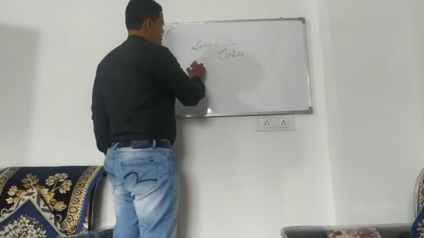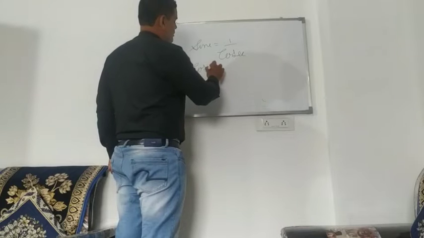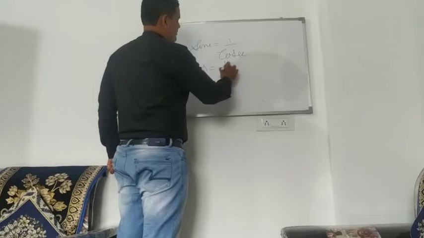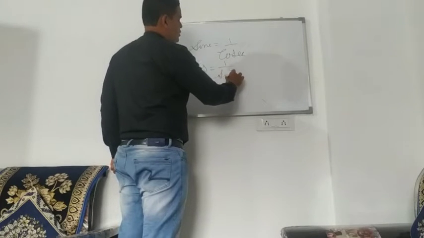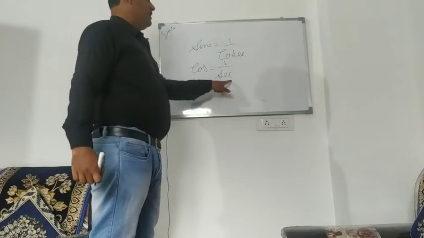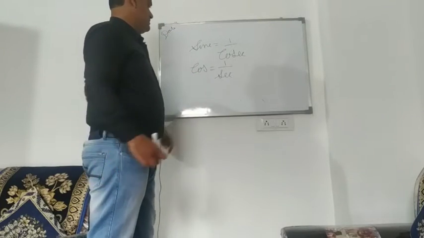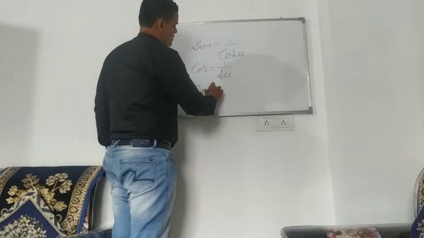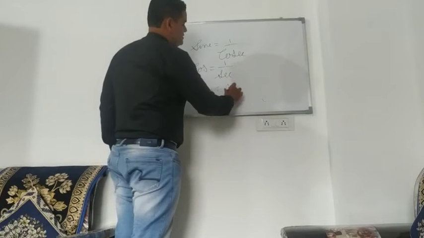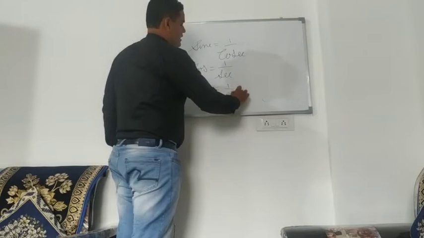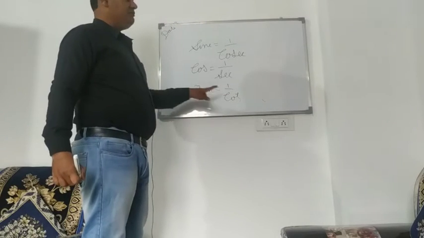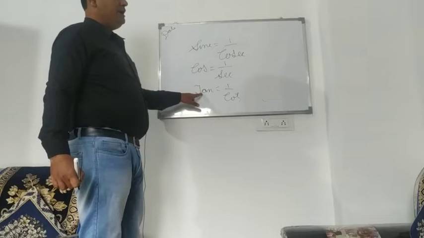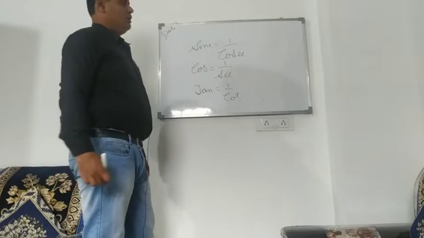Similarly, if we know cos, we can find out sec, or if we know sec, we can find out cos. Similarly, the opposite of tan is cot. If we know cot, we can find out tan, and if we know tan, we can find out cot.